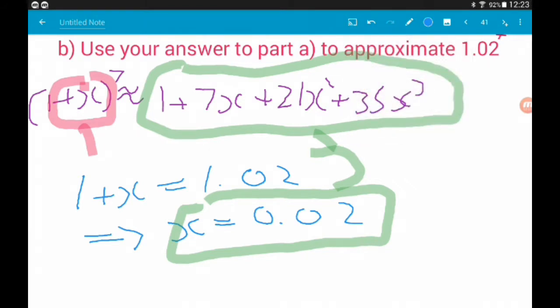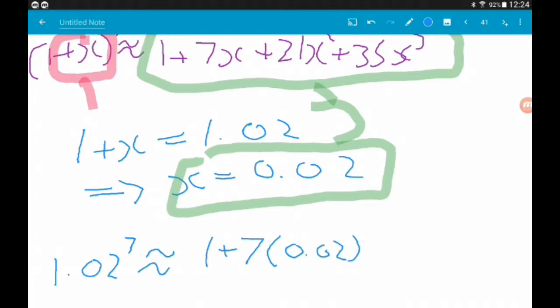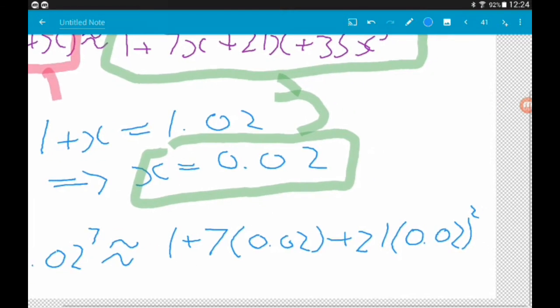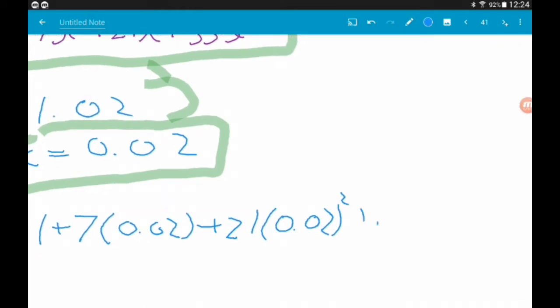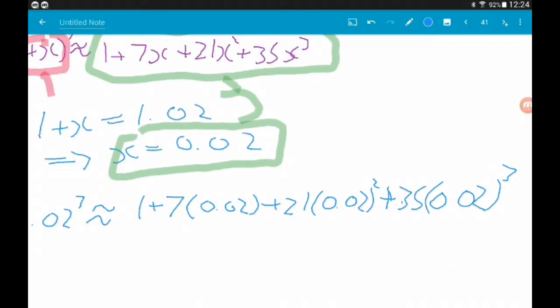So we are going to get 1.02 to the power of 7 is approximately equal to 1 plus 7 lots of 0.02 plus 21 lots of 0.02 squared plus 35 lots of 0.02 cubed.